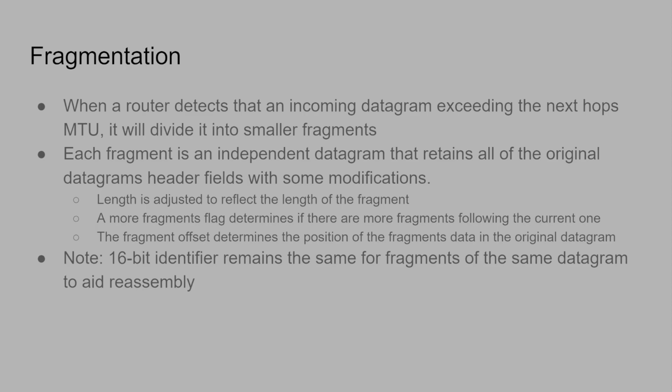A more fragments flag determines if there are more fragments following the current one. And the fragment offset determines the position of the fragment's data in the original datagram. One thing to note is that the 16-bit identifier remains the same for all fragments of the same datagram to aid in reassembly of fragments.